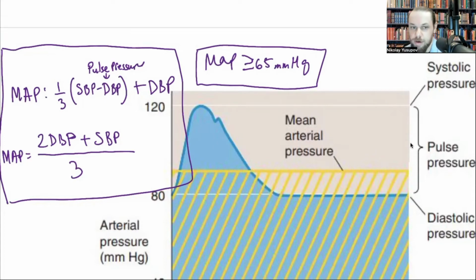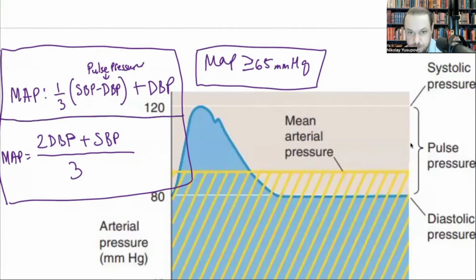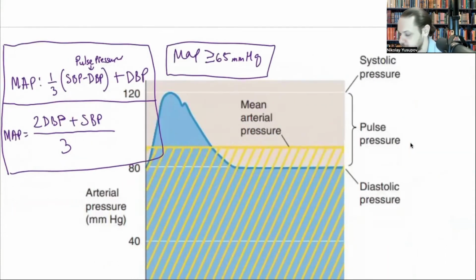Otherwise, I will leave these formulas for you. I think I did several examples in the other lectures. So you may have a question asking for the formula, or to calculate the MAP. So make sure you know how to use the formula and what the formulas are. This is formula 1, this is formula 2. Since nobody wants me to do that, I'm going to go forward.